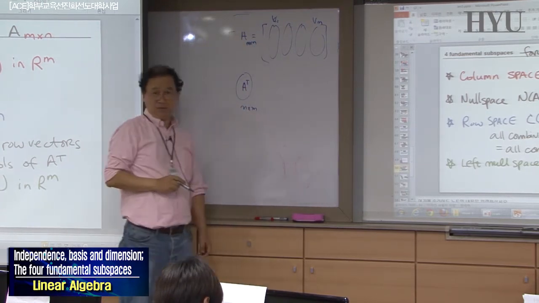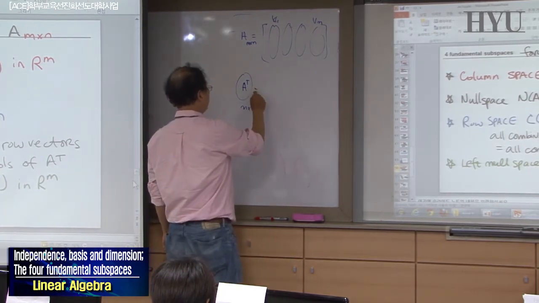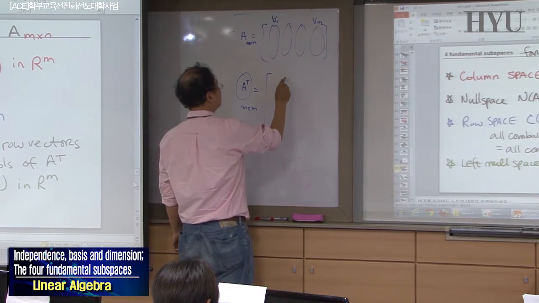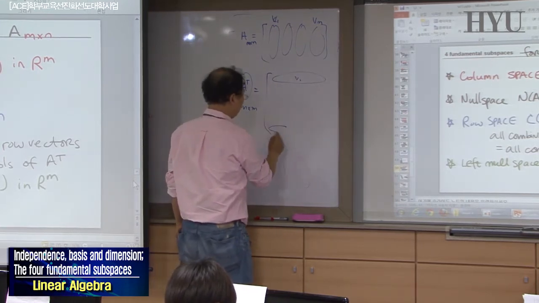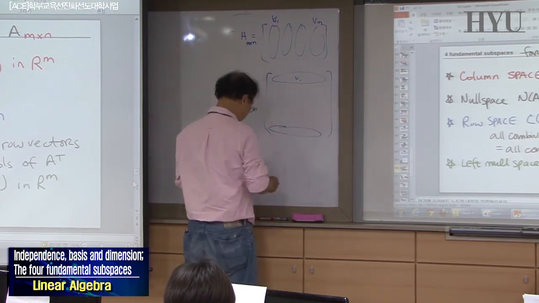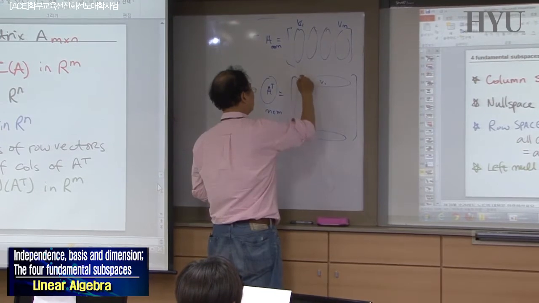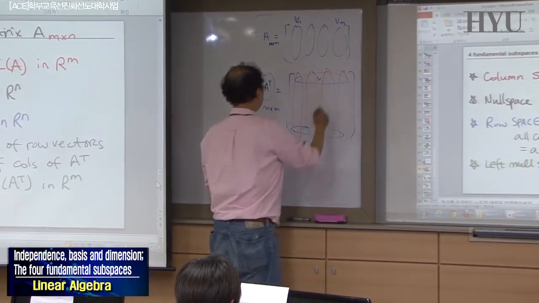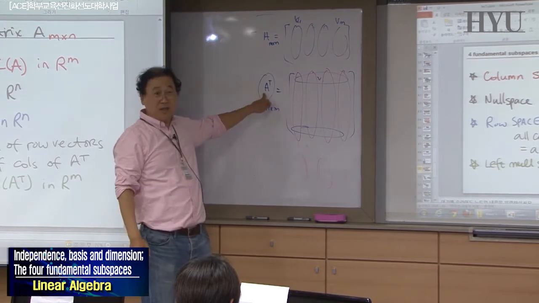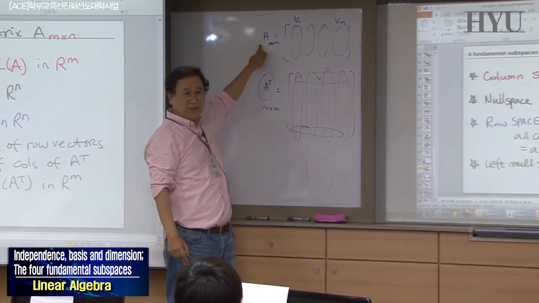So the column vectors of A transpose are, in a way, the row vectors of A.